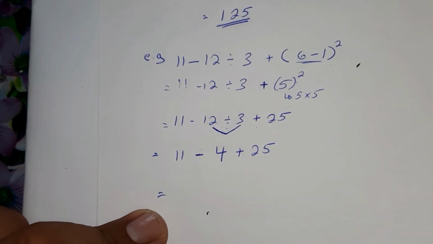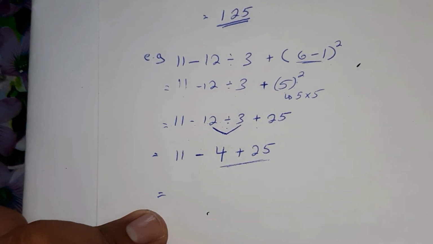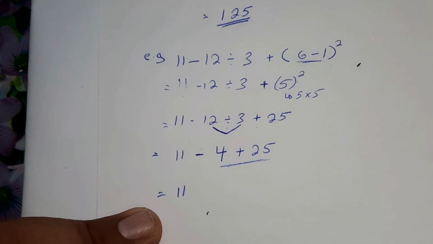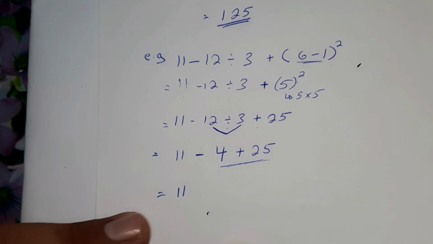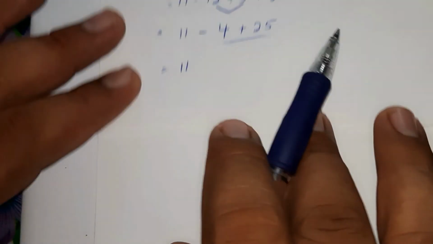No. So we skip multiplication, followed by addition. Do we have addition? Yes, we have the addition here. Right? So 11 minus 4 plus 25. Remember what I said?